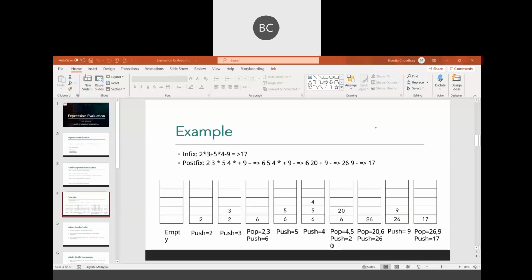So tell me what will be the prefix for this. In prefix, the operator should come before the operands. Here, the plus sign comes, and multiplication comes between B and C.